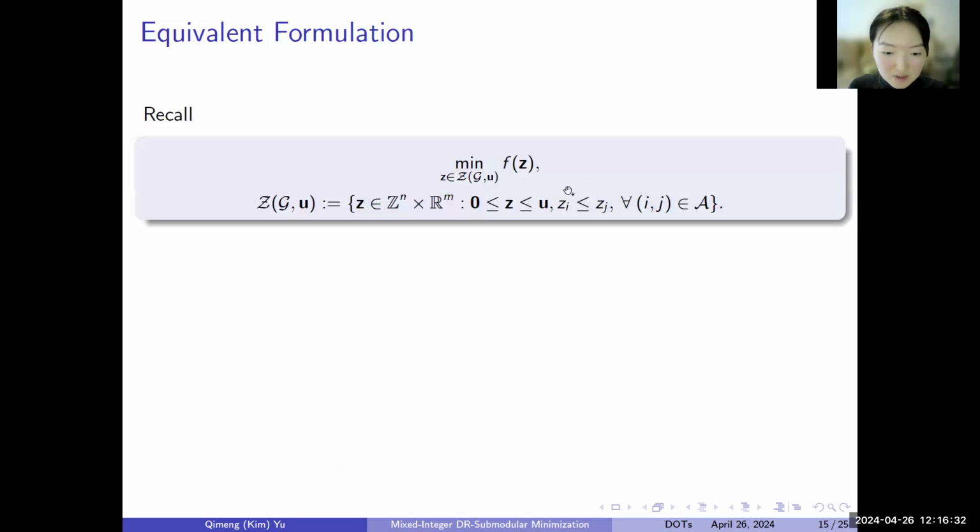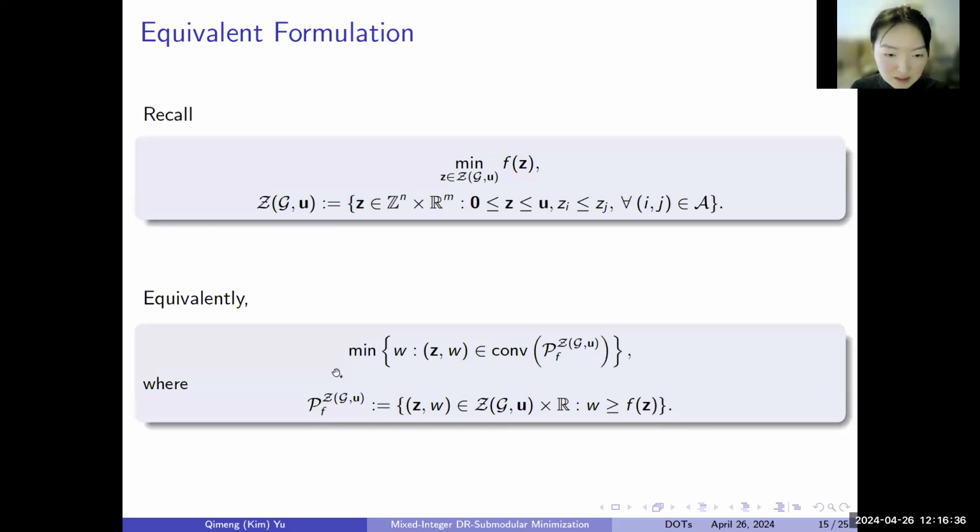Okay, now we can reformulate this original problem using its epigraph, and we introduce this epigraph variable w to capture everything above the function value over the feasible mixed integer points. And now our task is to understand the convex hull of this mixed integer set the best we can.